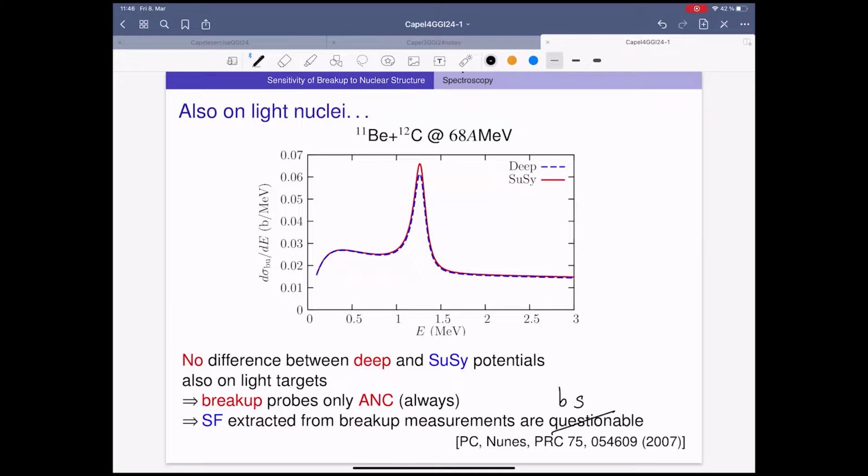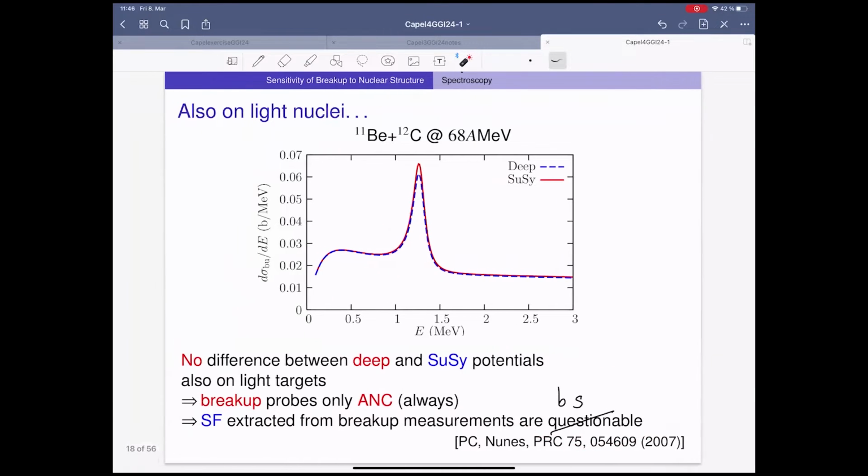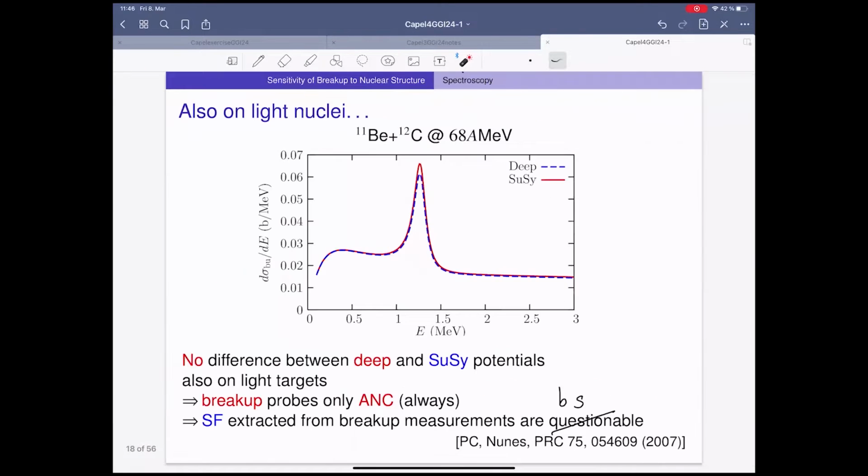So I still think that it's meaningless, but to be correct, we adapted it, we changed the wording, and the referee was happy, but it's still what I believe. I don't remember exactly, but we removed questionable.